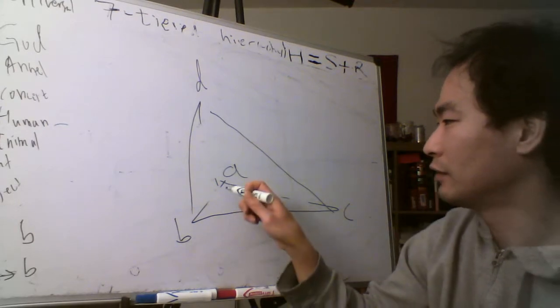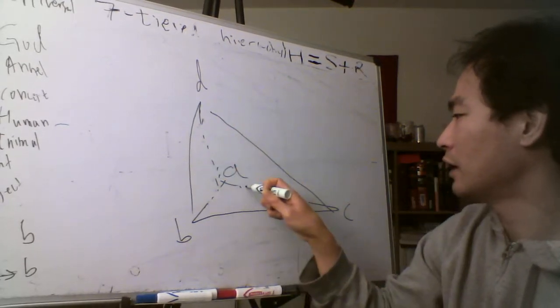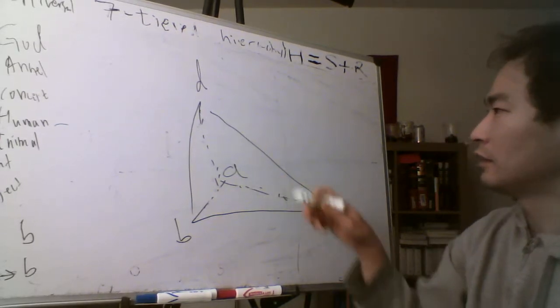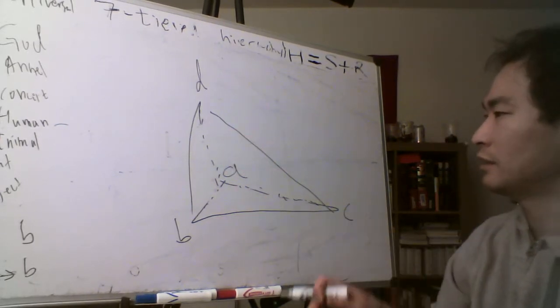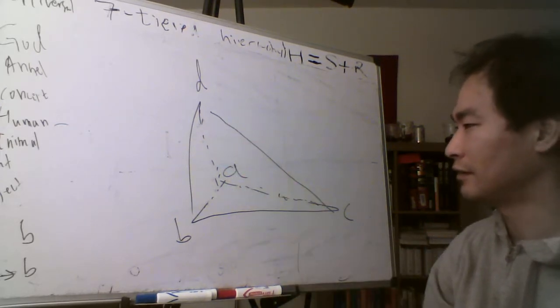It's behind this plane, behind this triangle DBC, that's why it's a dotted line.